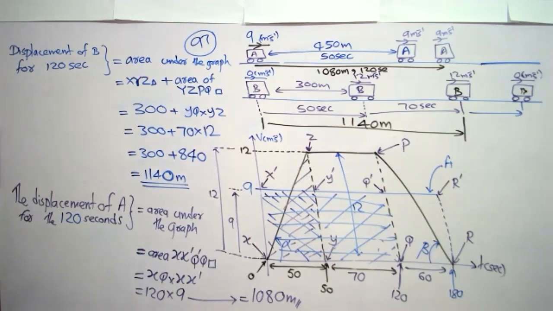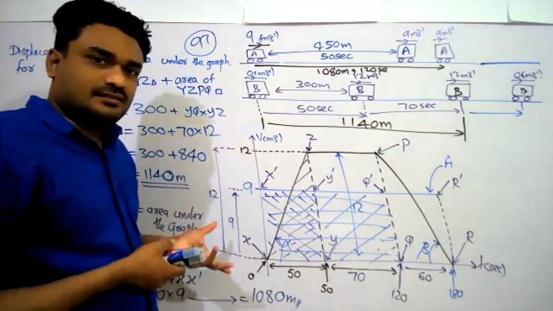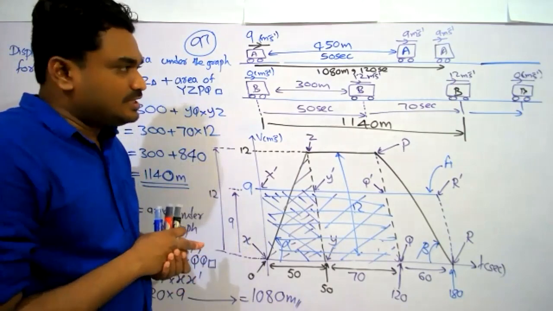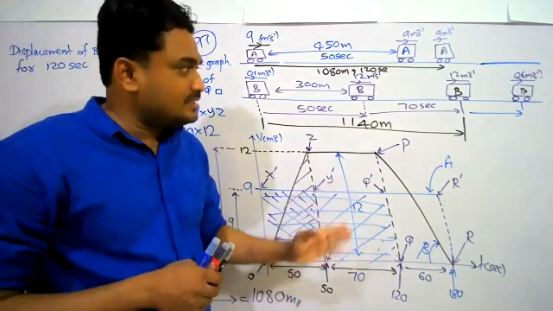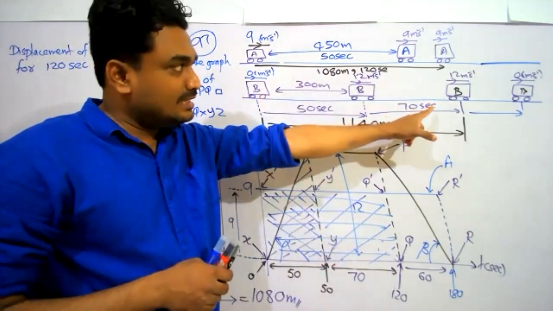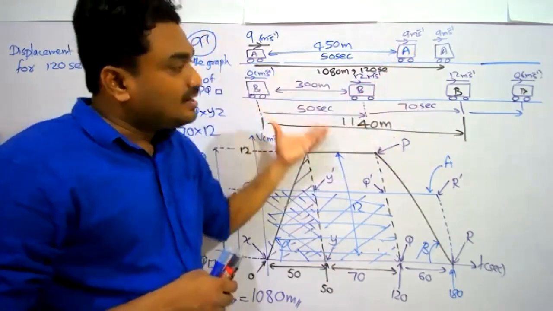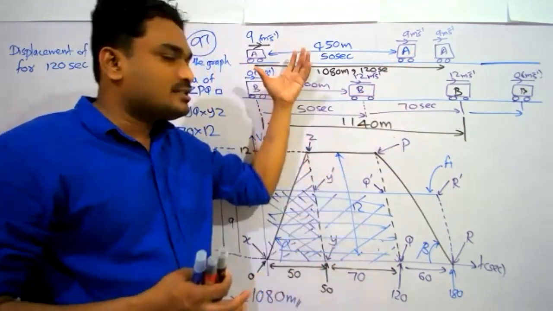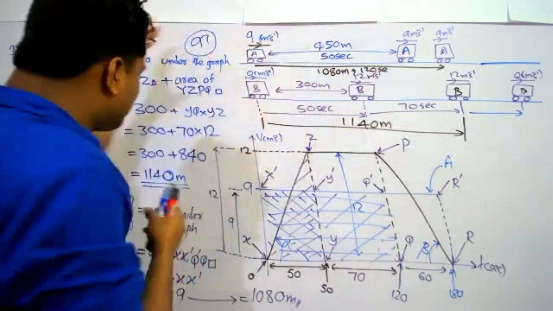The only thing I wanted to show you is how to find displacements in different time regions. During different time intervals, you have different displacements. And the other thing I want to tell you is that at the end of 120 seconds, B is leading and A is behind B. But once you have done a lot of questions, you gain the ability to understand that without doing these calculations.